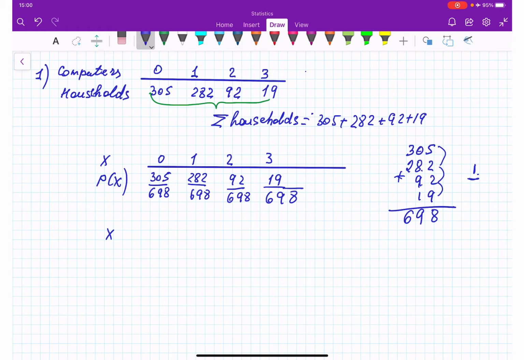Okay. So how much is that going to make? Here is x. Here we have probability of x. And I will have 0, 1, 2, 3 computers in household. So 305 divided by 698 is going to be 0.437.